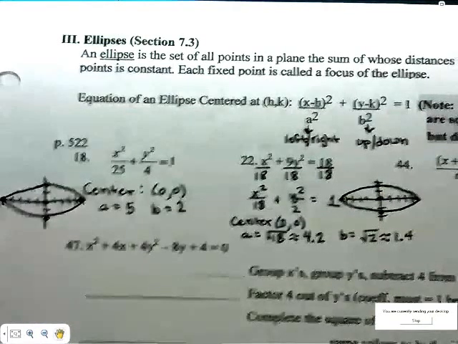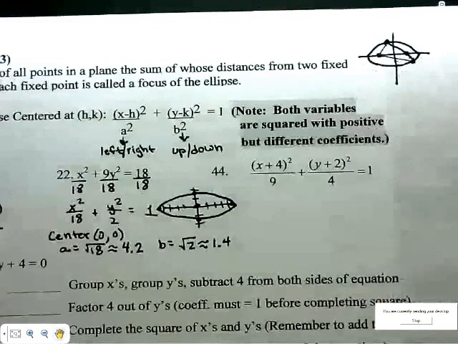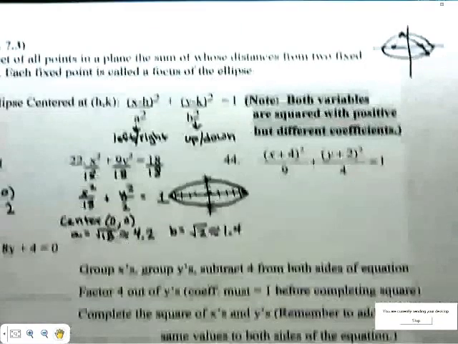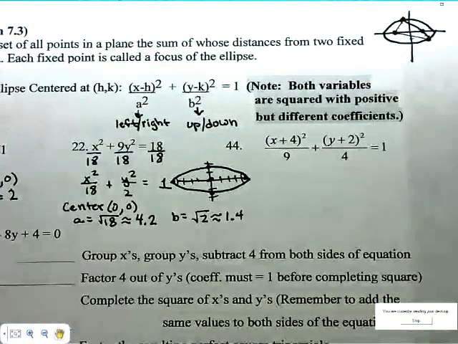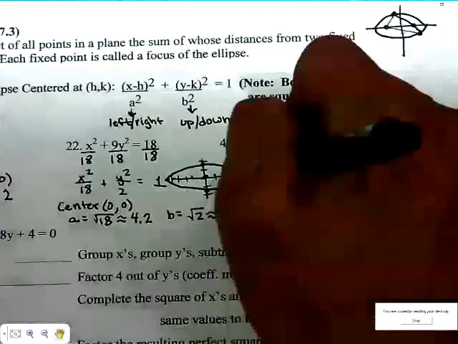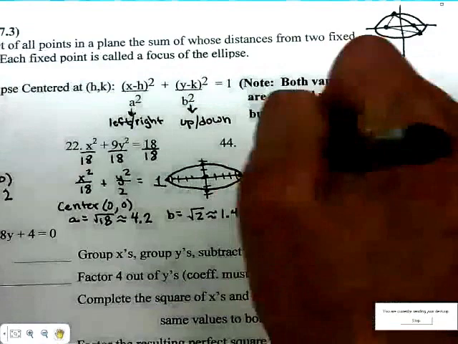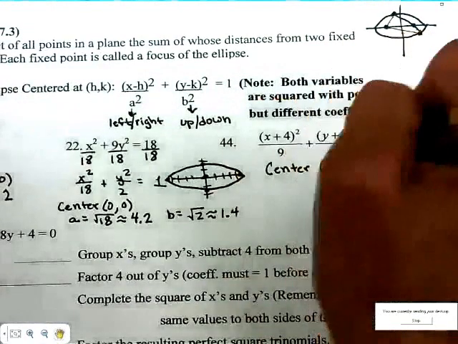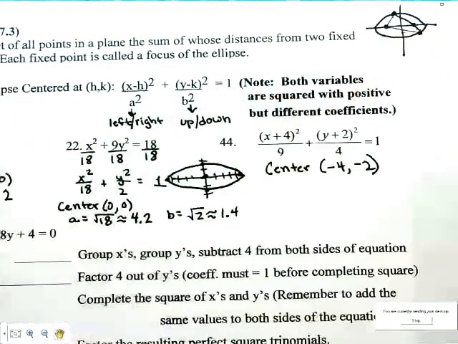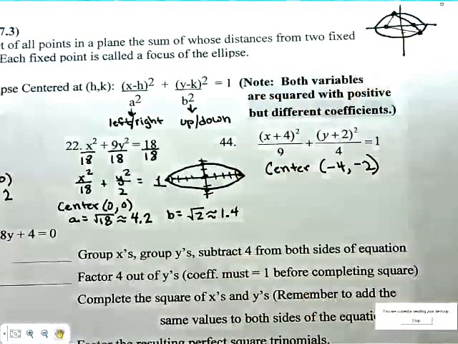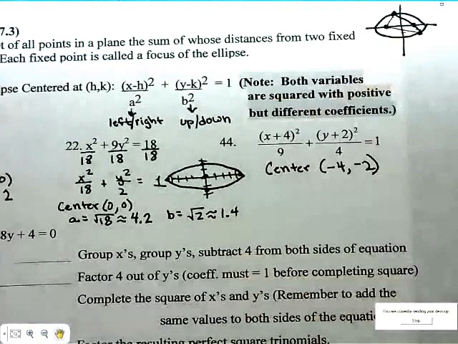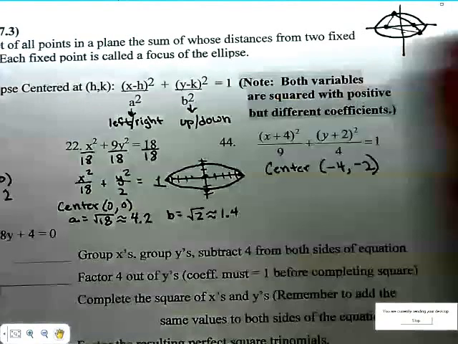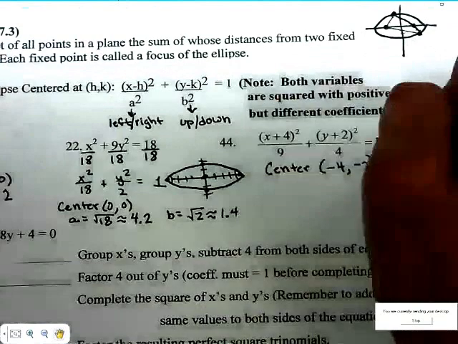What's different about 44? Yeah, its center is not at the origin. What is the center of this ellipse? Good. You took the opposite of both guys in parentheses like we always have. That ellipse is shifted to the left 4 and down 2. What is A? Square root of 9 is 3, and B is 2.